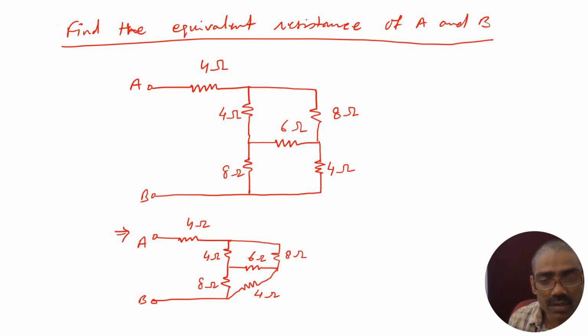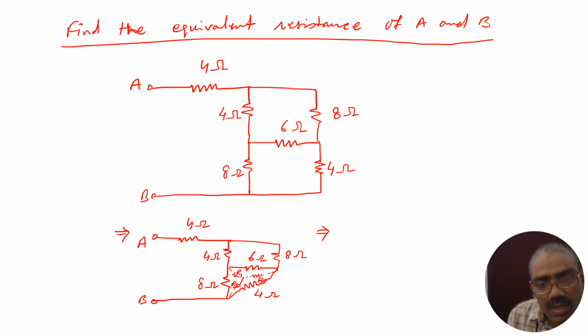If we convert from delta to star, then we can easily find the value for equivalent resistance. So again we are rearranging, and here we will have to keep one resistance here, one resistance here, and one resistance here. Suppose here we are assuming R1, here R2, here R3.